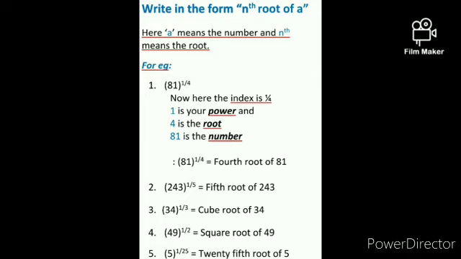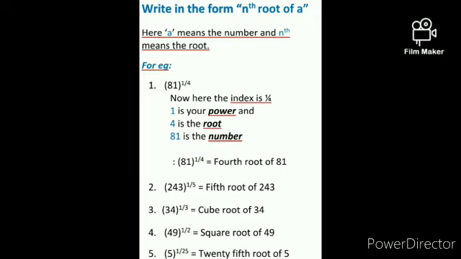Next example, 243 raised to 1 upon 5. Now what is the root? Fifth root. Fifth root of 243. Next, 34 raised to 1 upon 3. 1 upon 3 means cube root.